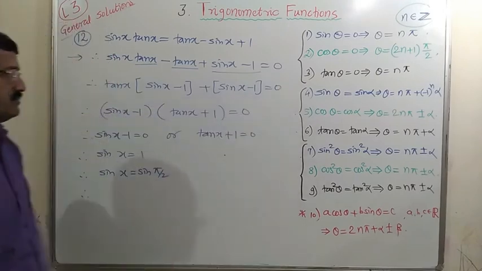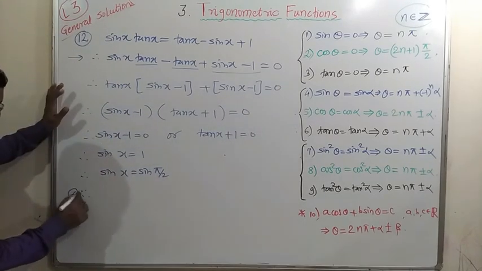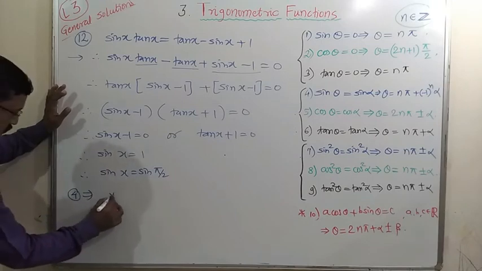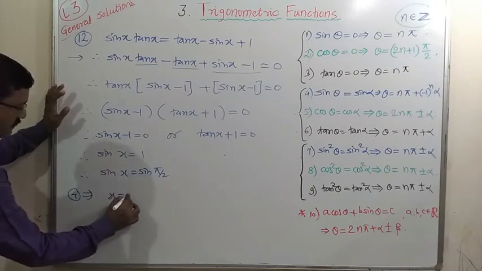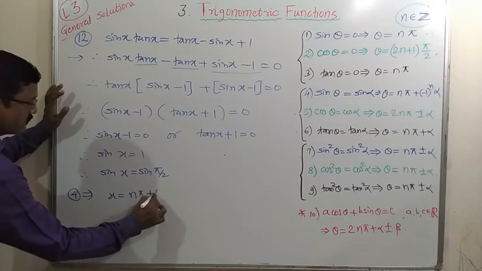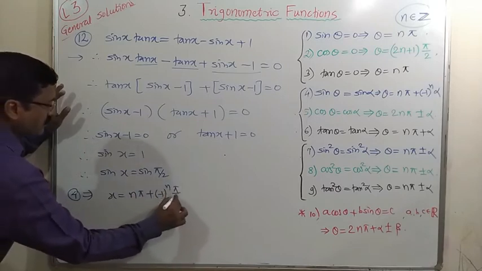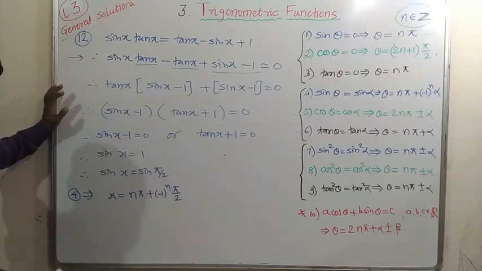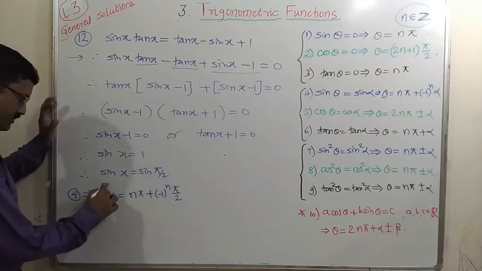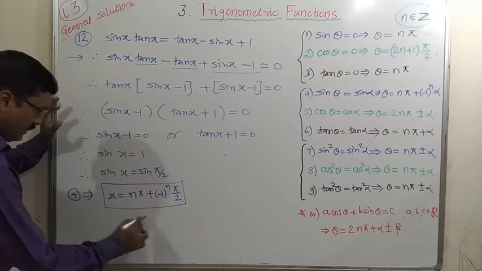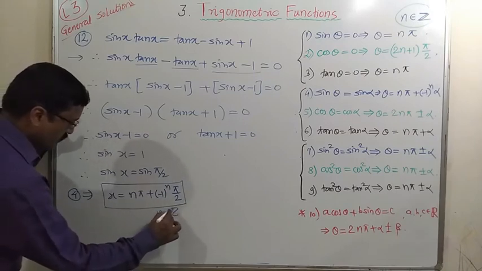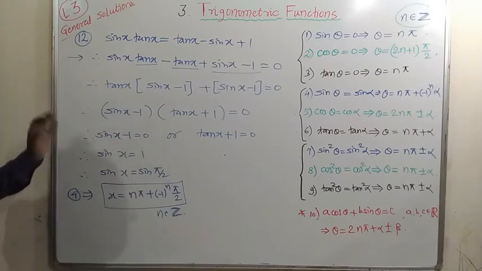So using result number 4, x equal to n pi plus minus 1 raised to n into alpha. Alpha is nothing but pi by 2. So this is one solution where n belongs to the set of integers.